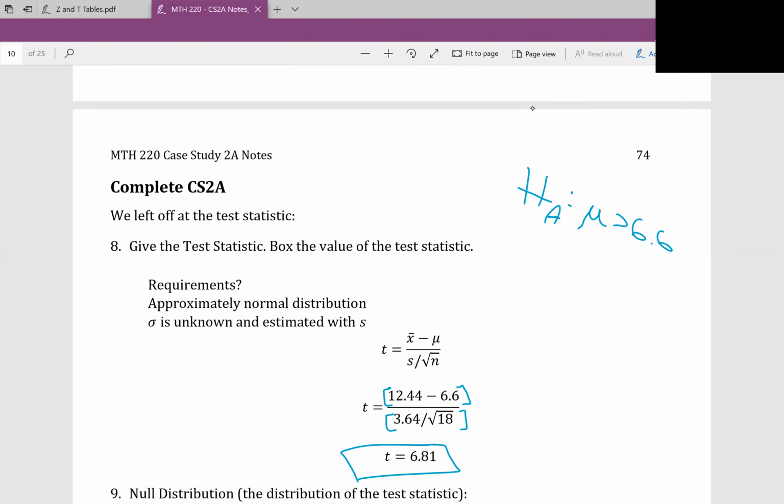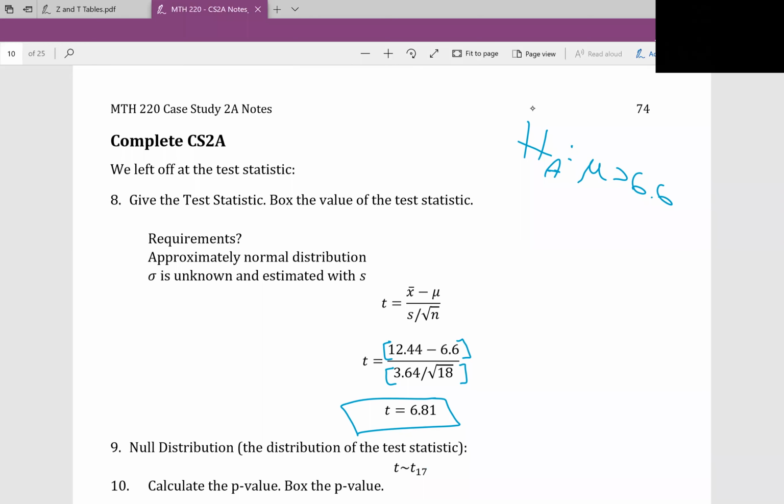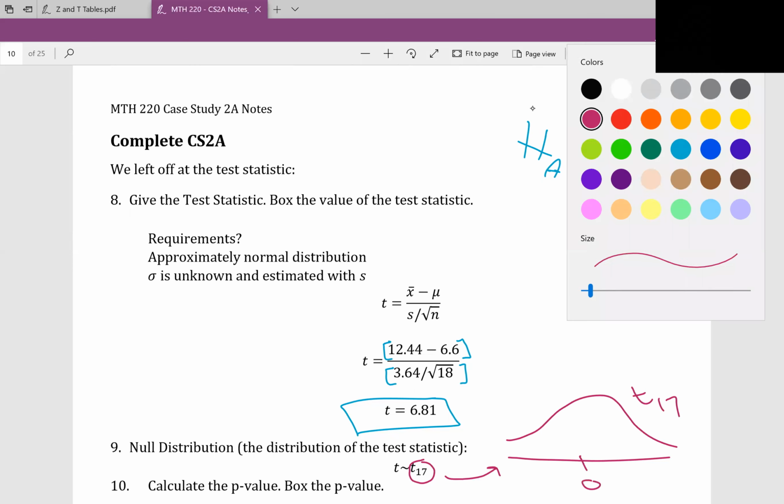Next, the null distribution or the sampling distribution. What is the distribution of our test statistic? T follows a T distribution with 17 degrees of freedom. I want to make a note again that T17 refers to the curve. T17 is the particular distribution, the line of degrees of freedom you're going to go to on your chart.